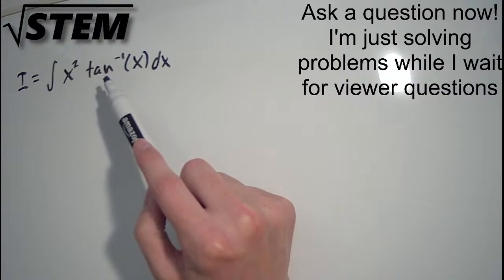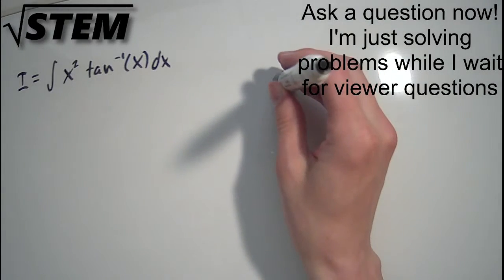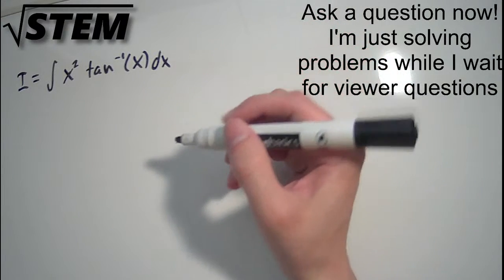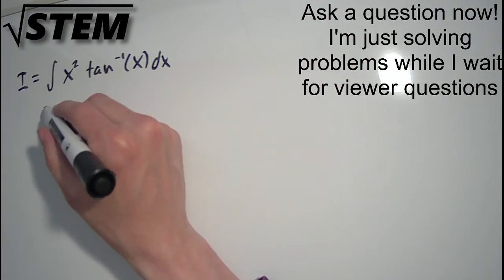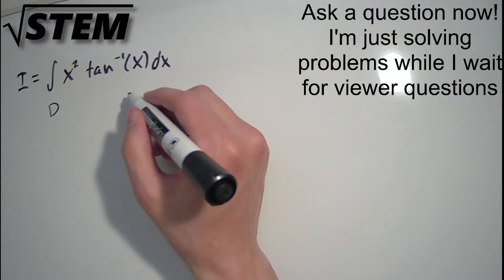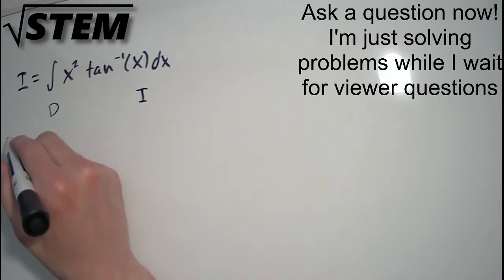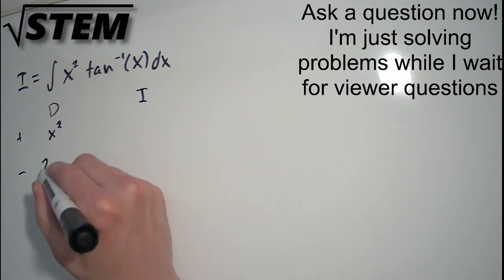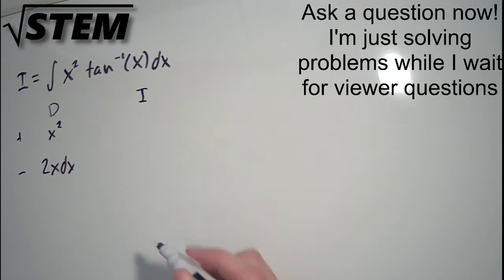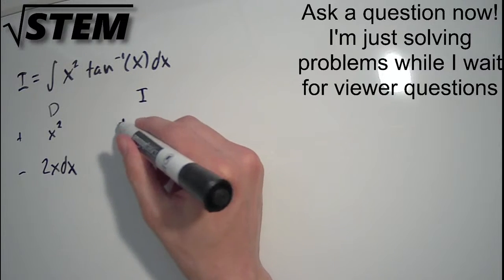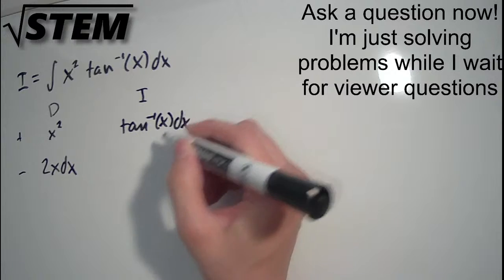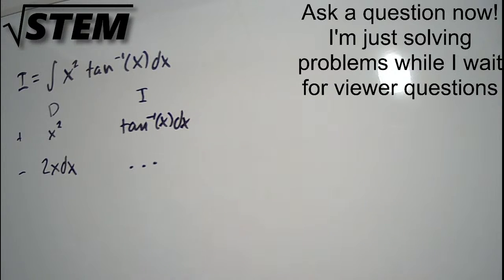I would need a second to figure out the integral of tangent inverse. So if we did this, we would have something to differentiate, something to integrate, plus minus, differentiate the x squared, get a 2x dx. Integrate the tangent inverse of x dx, get whatever that is.